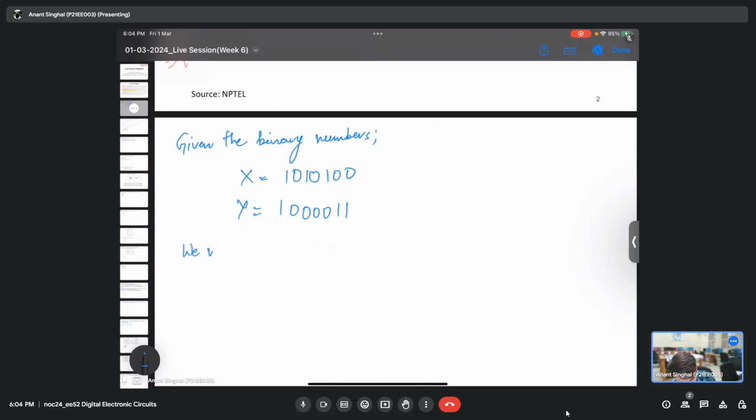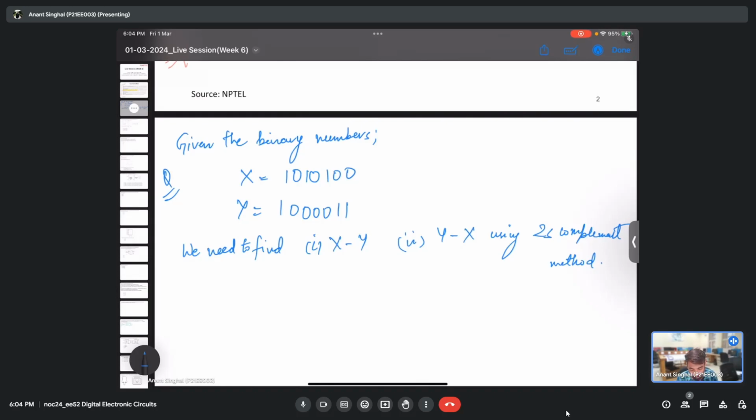We need to find first x minus y and second y minus x, and both using the 2's complement method. This question was left in the last week, the week 5 topic of 2's complement, so I'll cover it and then move ahead to the topics of this week.